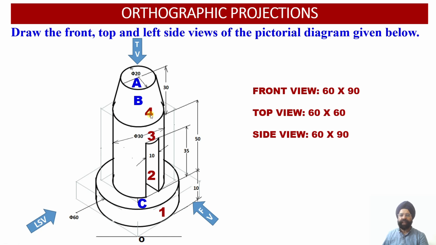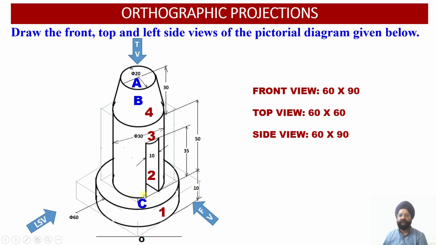As we look at the solid from the front view, please see this is a circular portion. The projection of this circular portion will correspond to this diameter, so this circular portion will appear as a rectangle in the front view onto the vertical plane. This will be an apparent shape. Then surface number 2 is a rectangular block.